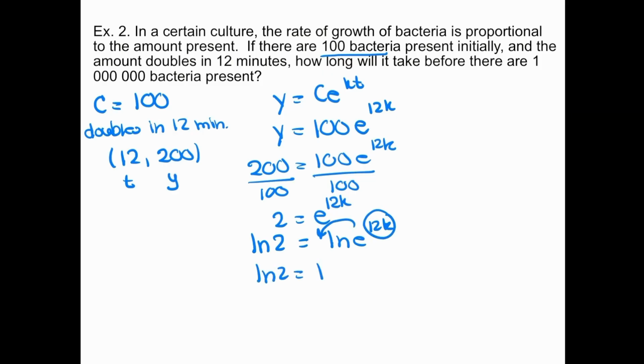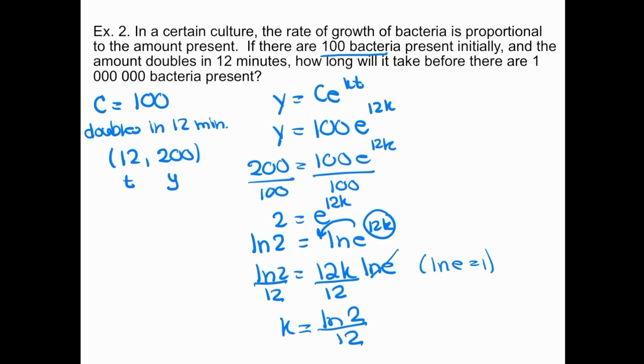Ln 2 is equal to 12K ln E. Ln E is equal to 1, so we're going to cross that out. Now we're going to divide, because remember, we're isolating for K. So we're going to divide by 12. So K is equal to ln of 2, or the natural logarithm of 2, all over 12.